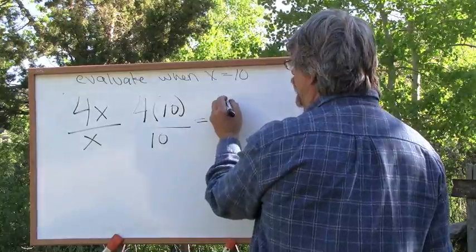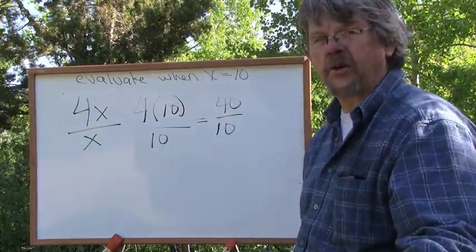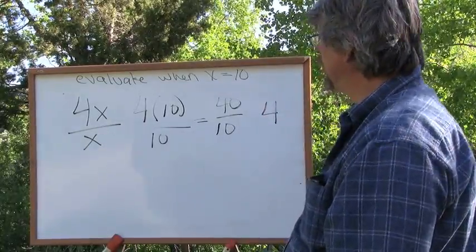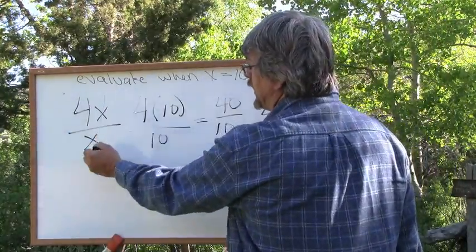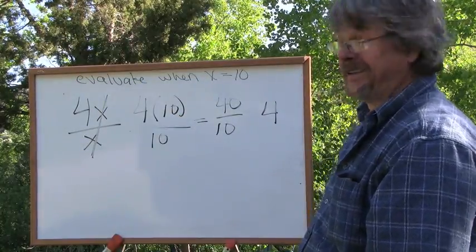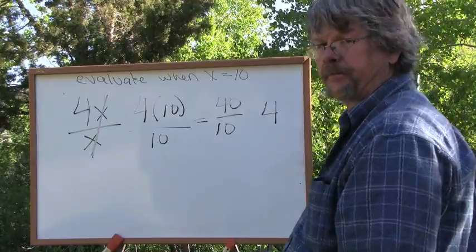This is going to equal 40 divided by 10. What does 10 go into 40? 4 times. So that's simply 4. It's the same thing as if we would have just said, cancel the x's. There's your 4. Right? But we can see working it out.